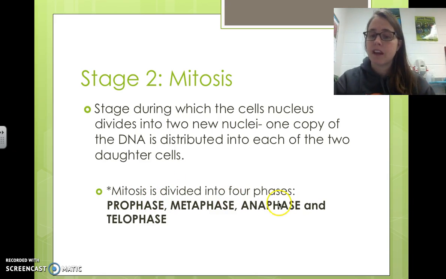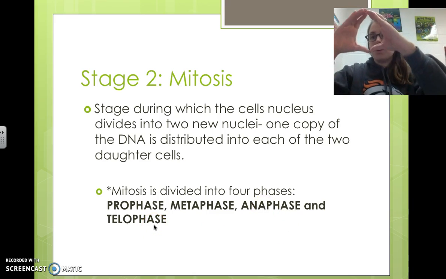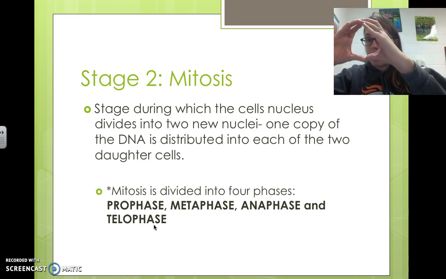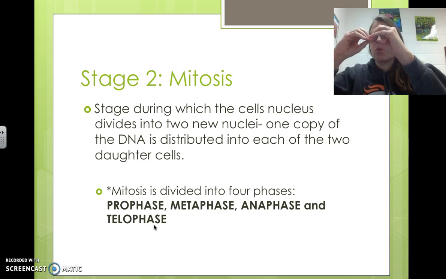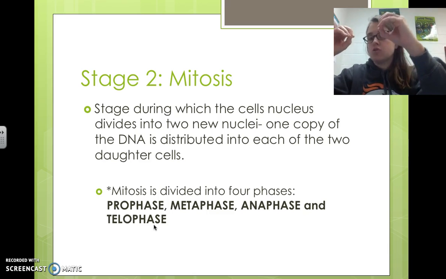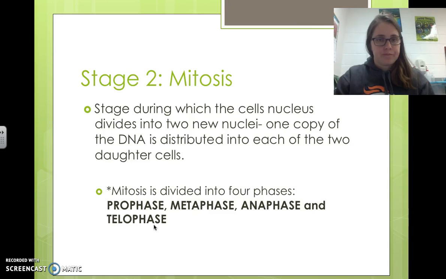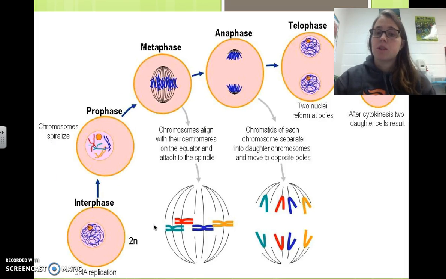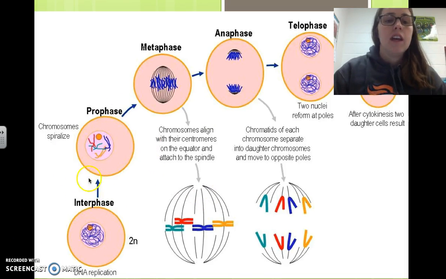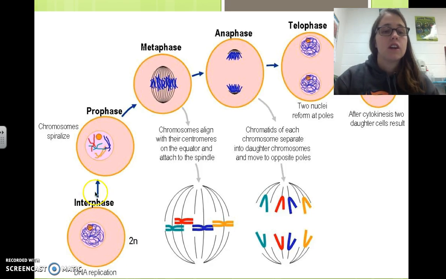Mitosis has also been divided into four phases. These are the phases that the cell actually goes through in order to change its nucleus from one big one with two copies of DNA to two smaller ones, each with one copy of DNA. So this is kind of what those stages look like. Interphase, remember, is the first stage. You'll see here that all of these things are DNA.